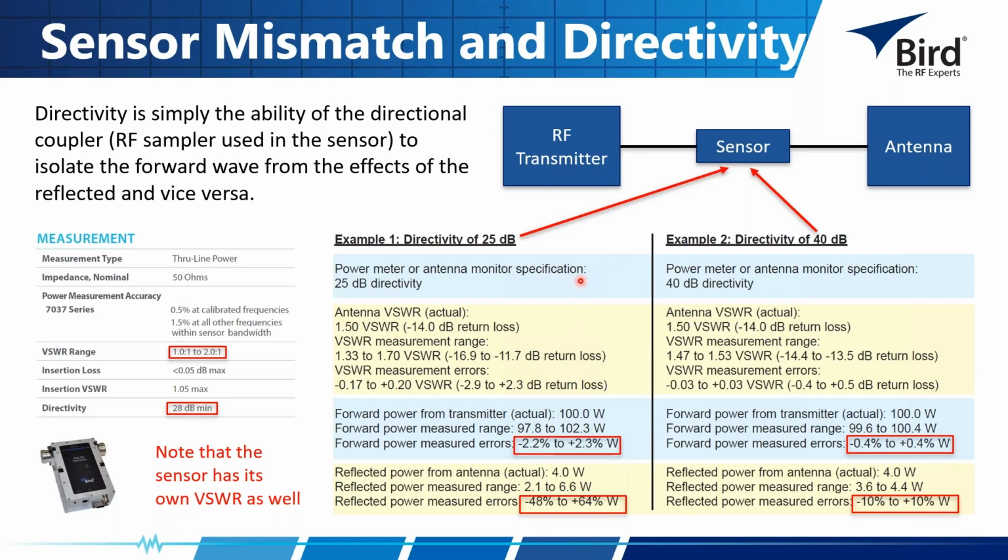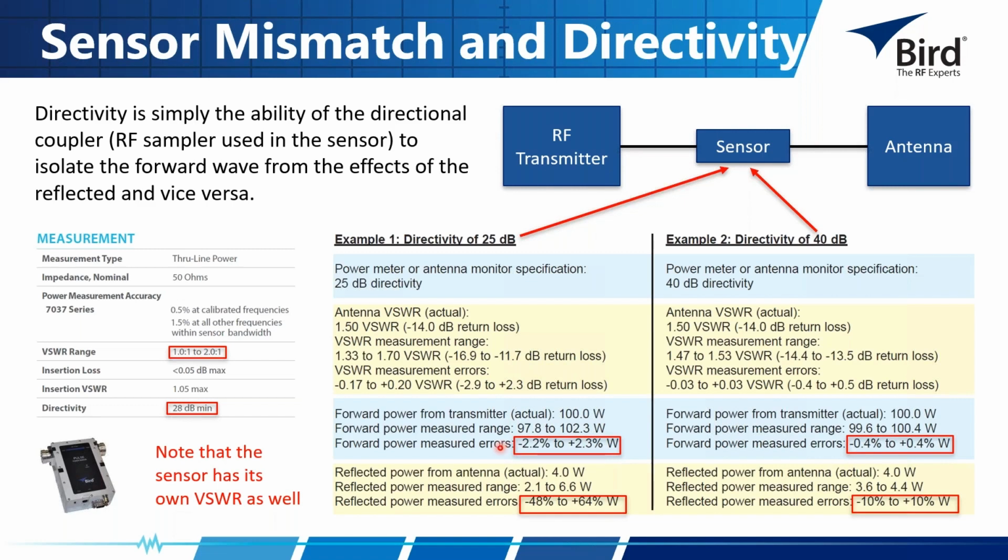The actual end values when you're looking at these directivity pieces is we would have easily a VSWR of 1.33 to 1.7, and that can be a fairly large range. And when we're thinking of that in terms of the actual forward power, we're thinking, okay, 2.2% to 2.3%, so minus 2.2 plus 2.3.